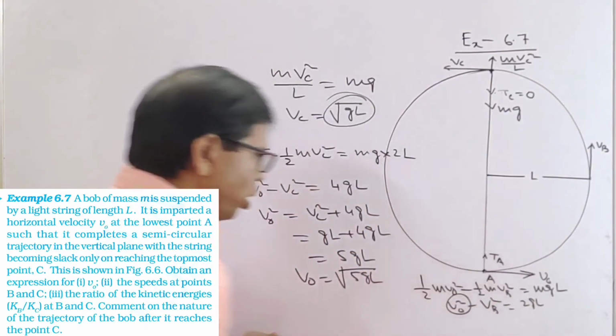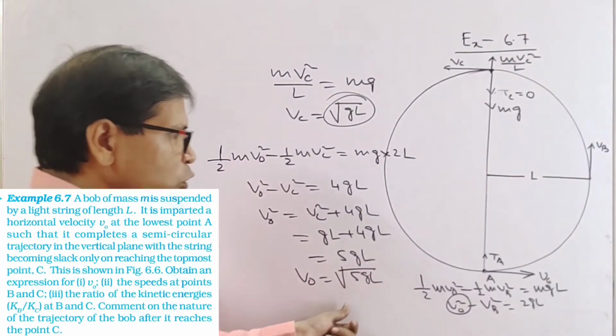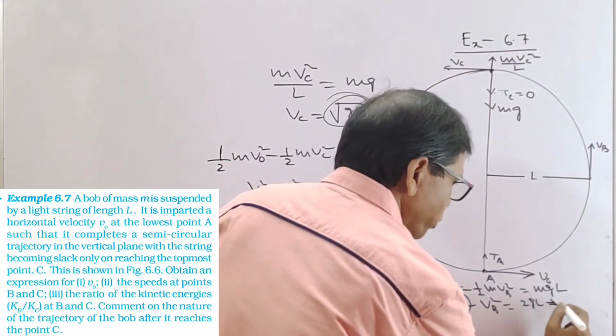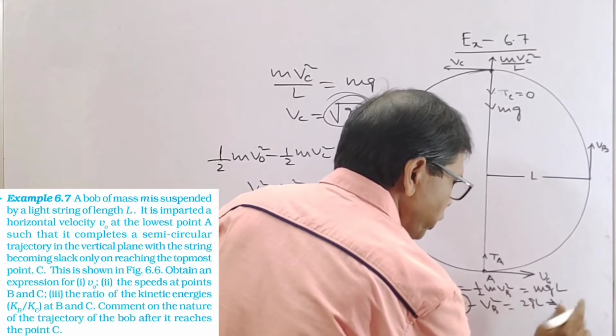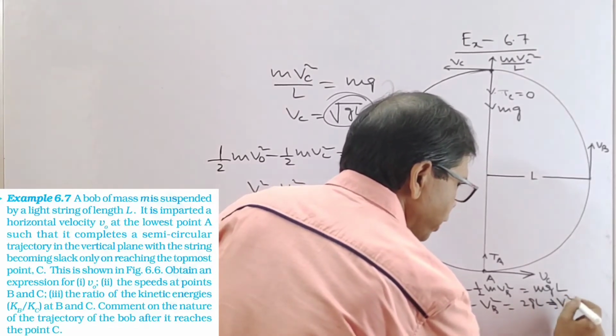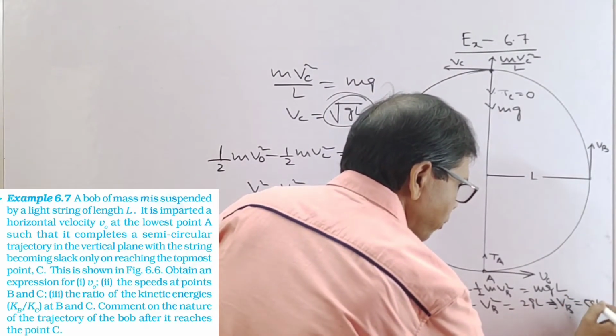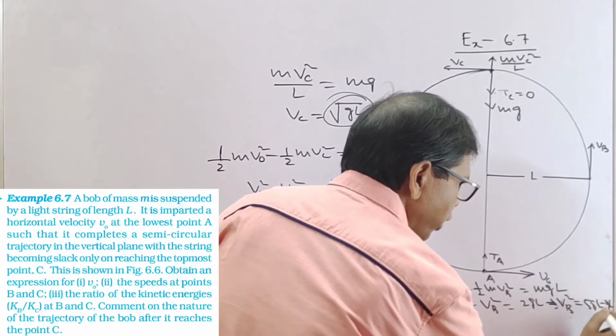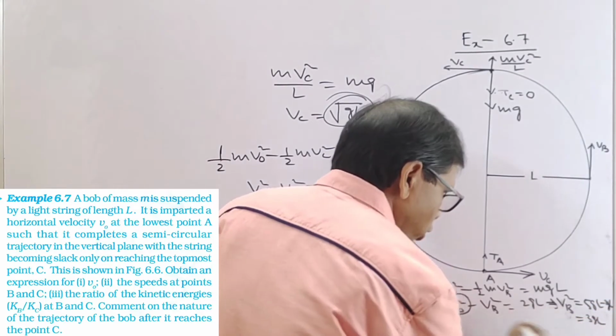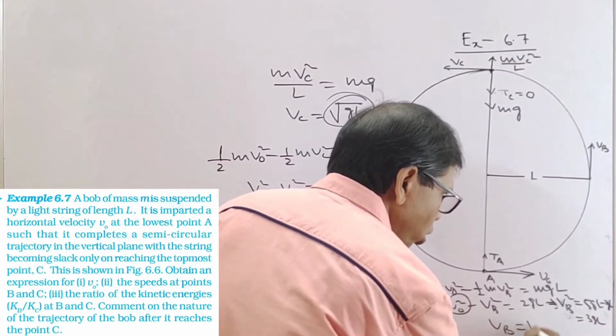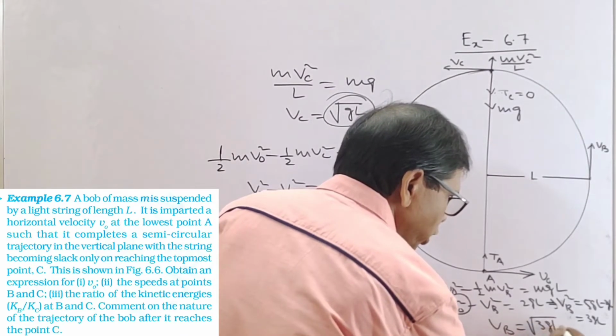Now v naught square is equal to 5gL. So Vb square is equal to 5gL minus 2gL, that is 3gL. Therefore Vb equal to root under 3gL.